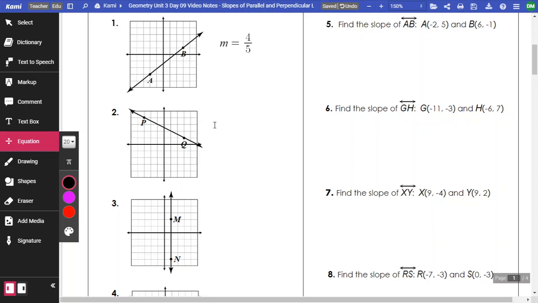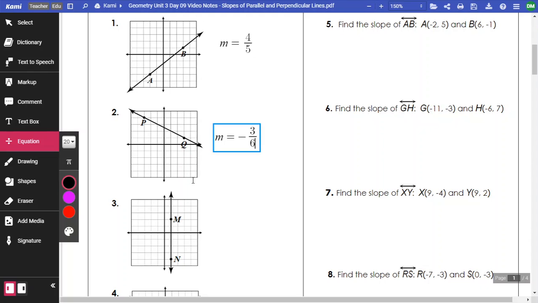Number 2 here, we're going to do the same thing. So our rise is down 1, 2, 3. So we have a negative 3 over our run, which is 1, 2, 3, 4, 5, 6.